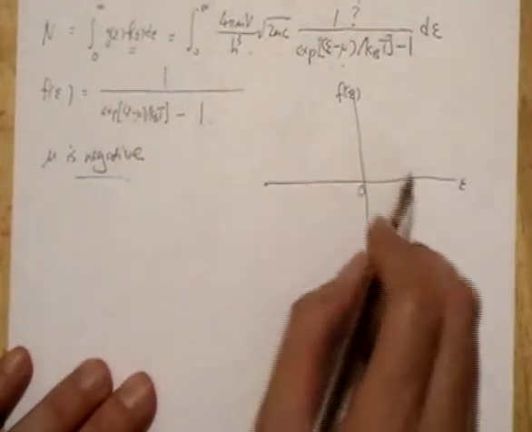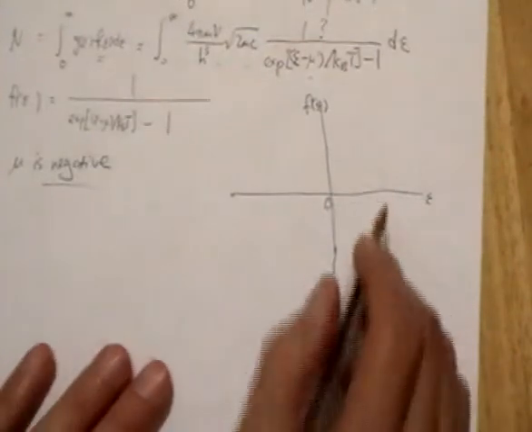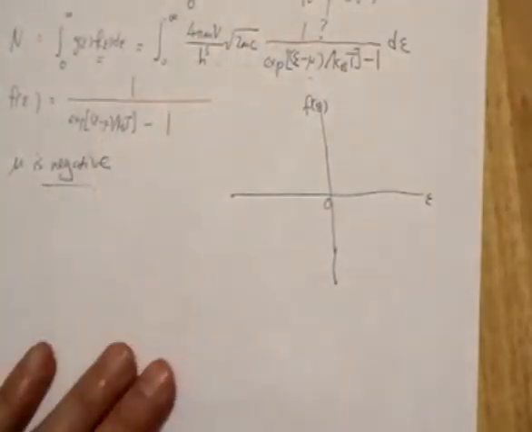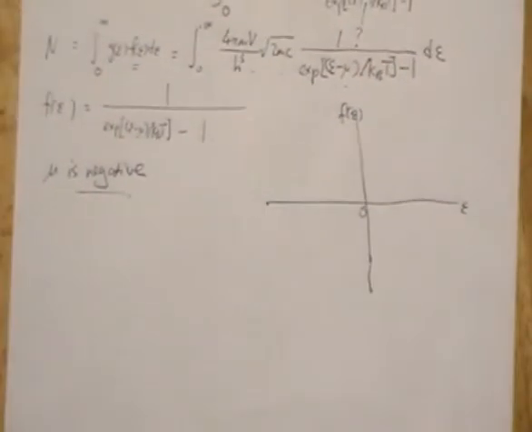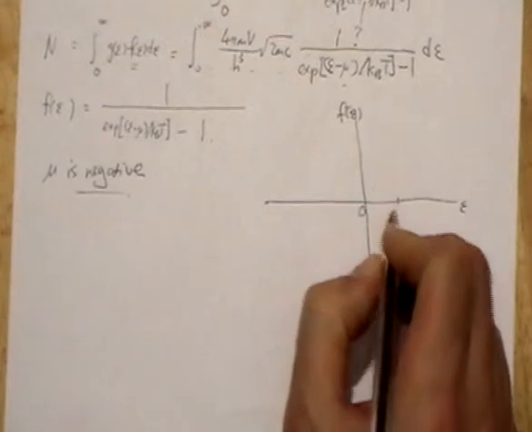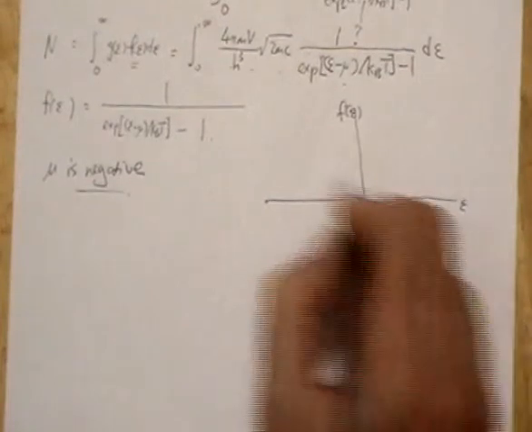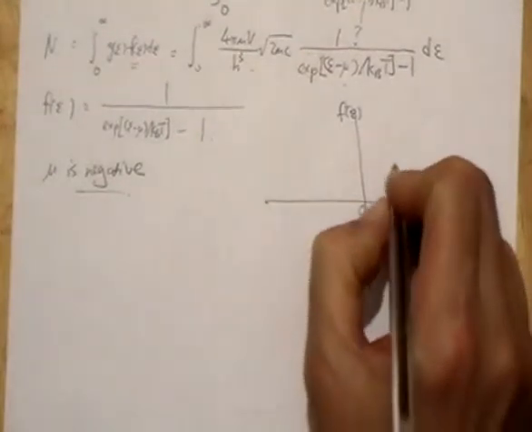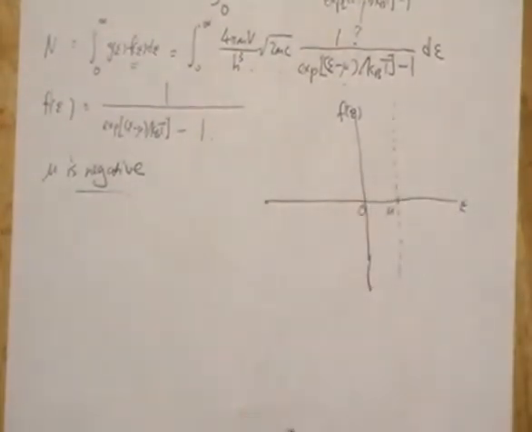So E equals mu gives us an asymptote. Right, so we don't know whether mu is positive or negative. So let's suppose that mu is positive. Let's say that's the mu. Then if we sketch this graph, we would expect an asymptote there.